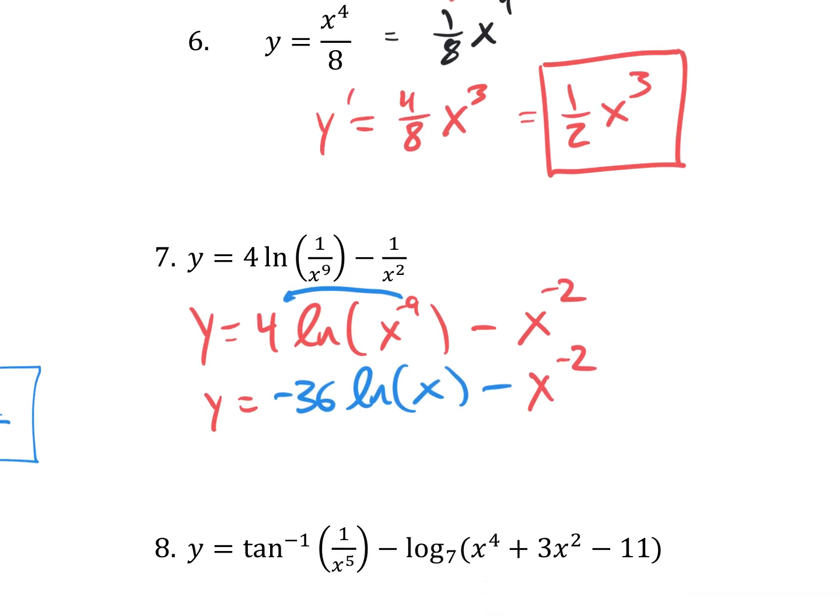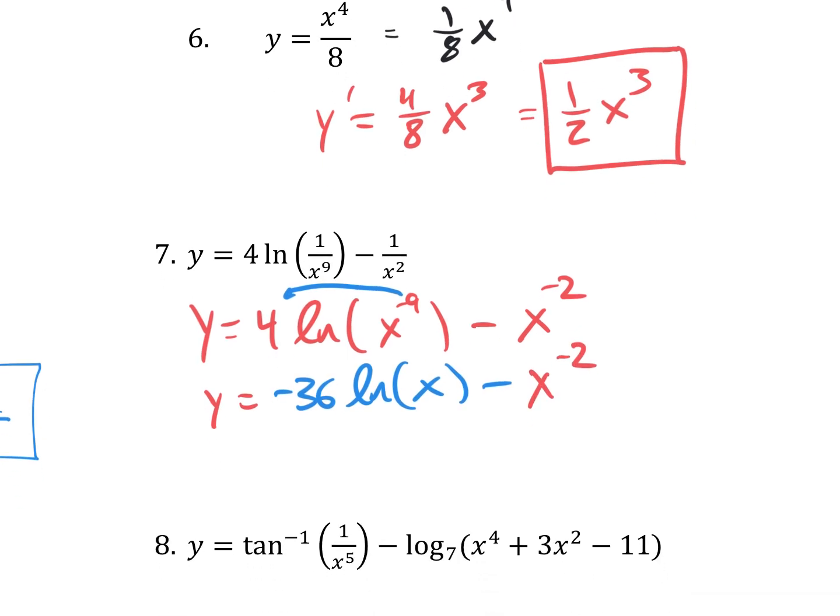Okay? Well, now, let's find our derivative here. That -36 is going to hang out. And what's the derivative of the natural log of x? Well, it's just 1 over x. Okay? Let me rewrite. So we'll go -36 times 1 over x. That's it. Minus, go ahead. Now we do our power rule. Drop the -2, so that negative becomes a positive.